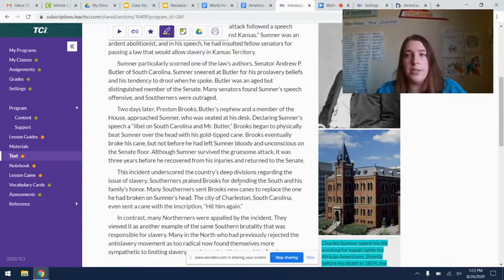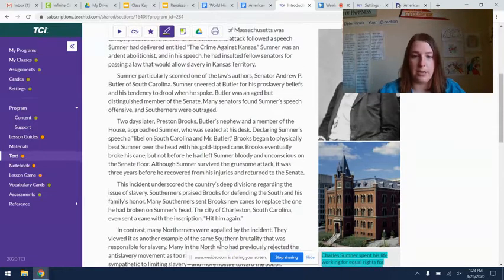Well, Butler's nephew, Preston Brooks, didn't like that and ended up beating Sumner while on the Senate floor. Okay, so we're already seeing the big divide between North and South, pro versus anti-slavery.